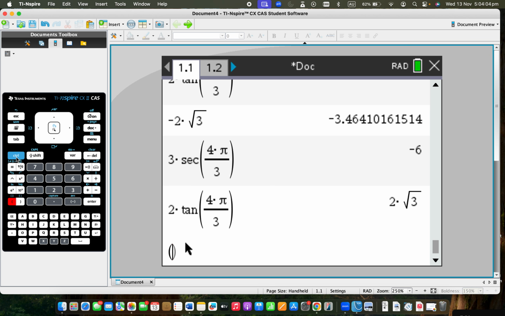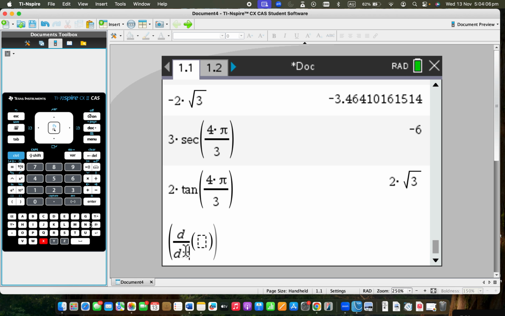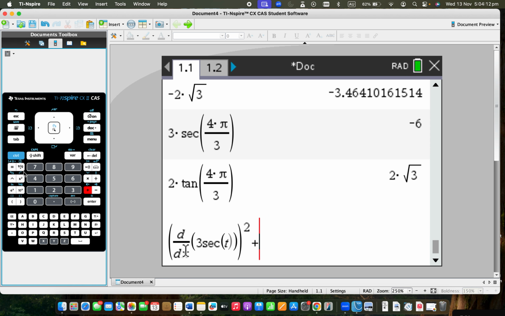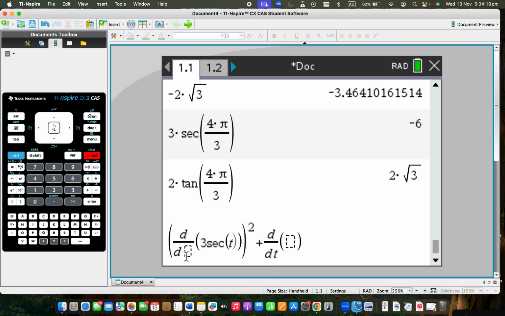It's the derivative of 3 sec t, squared, plus the derivative with respect to t of 2 tan t, all squared.